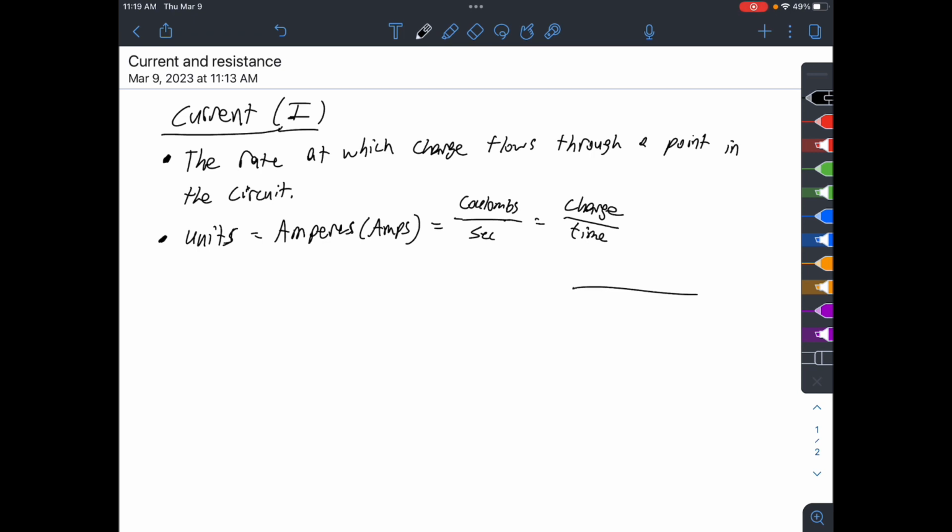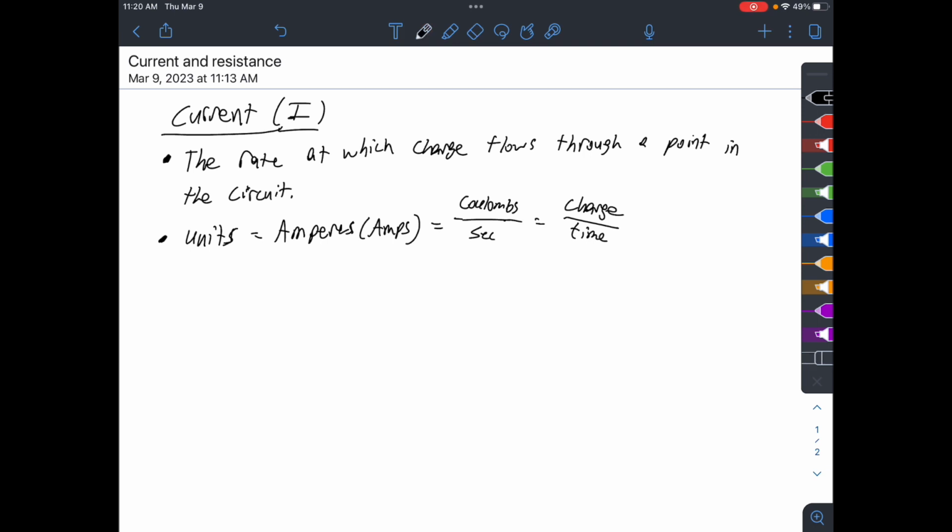So if I have a wire here, and here's my point of interest right here through this loop, all the electrons are kind of whizzing past, or they're actually moving kind of slowly, but lots of electrons are moving through, but my point of reference is not moving. I'm just measuring the amount of charge going through in a given amount of time. So it's not a velocity.